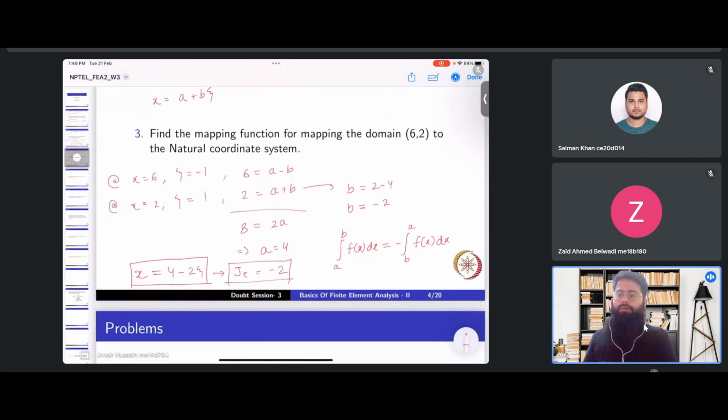That's how this minus sign is incorporated while we are reversing the integral limits in an integration. So I think it's a pretty cool concept.